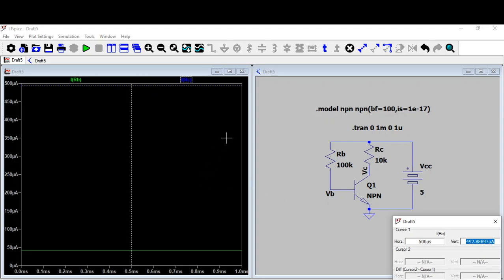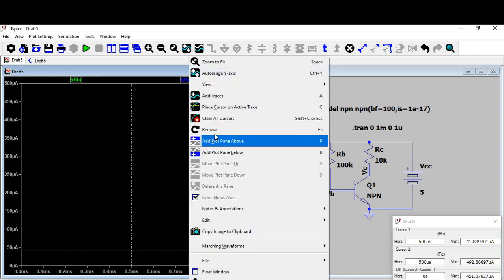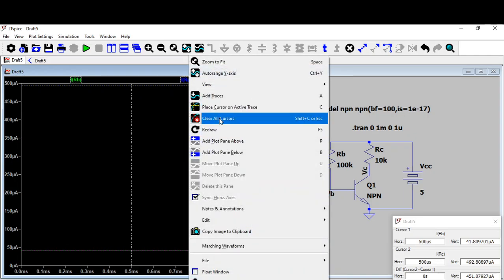Suppose let me write those two currents. Let me delete these two.